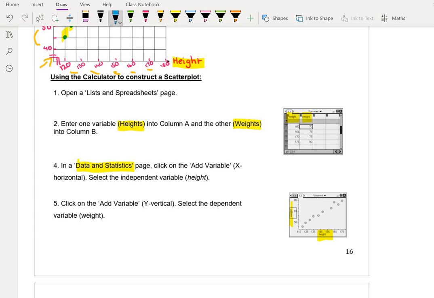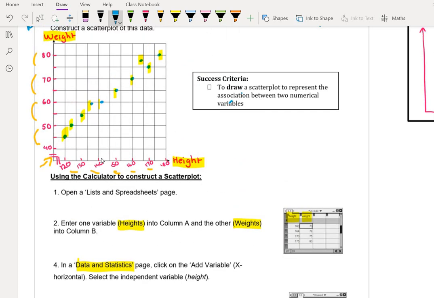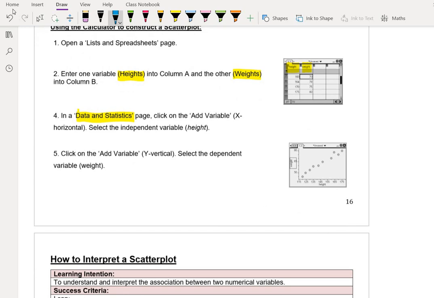In some cases it will save you a lot of time. You don't have to think about your scaling or what it's going to look like, especially if you want to draw one just for visual purposes. You can draw one on the CAS quickly and see what sort of correlation they have.